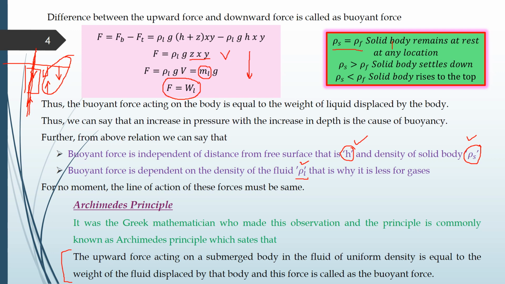But if the density of the solid is more than the density of the fluid, that solid body will settle down. If the density of the solid is less, the solid body rises to the top. This is equally valid for both liquids and gases.